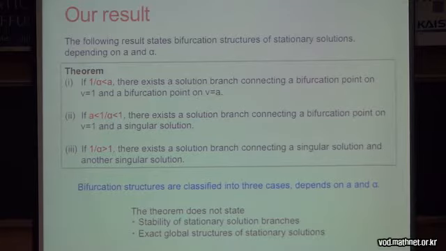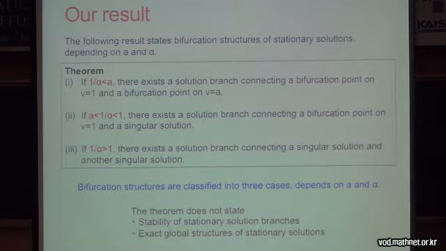Second one is this one. If 1 over alpha is between A and 1, there exists a solution branch connecting a bifurcation point on V is equal to 1 and a single solution. Third case is the following. 1 over alpha is greater than 1. In this case, alpha is less than 1, so relatively small case.